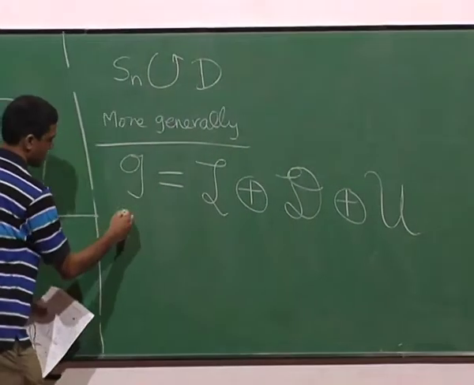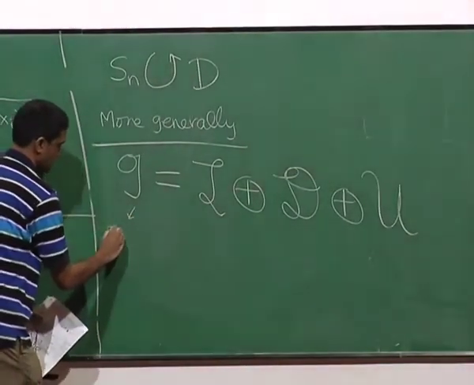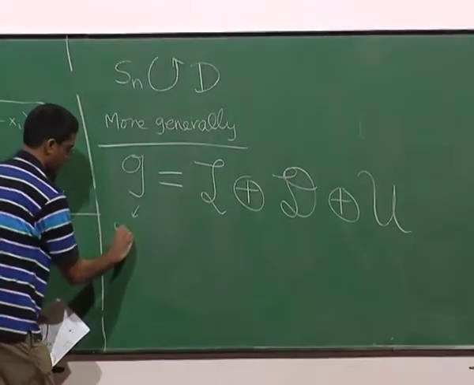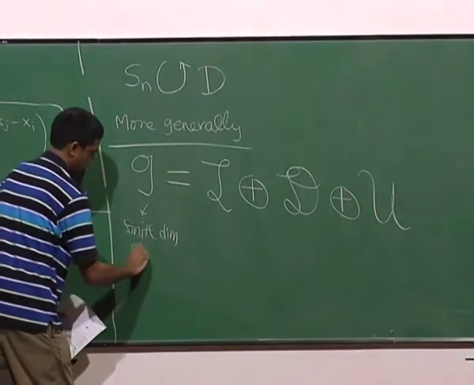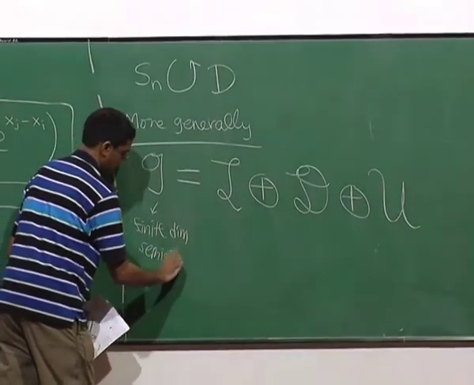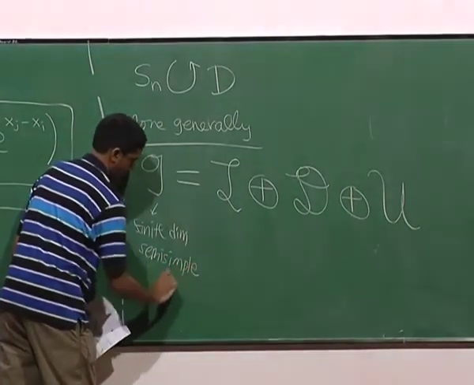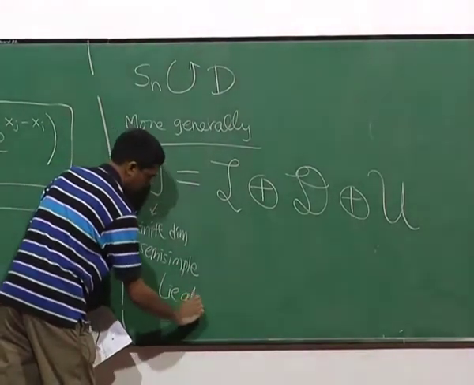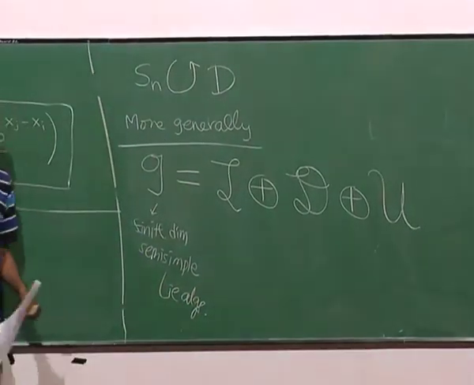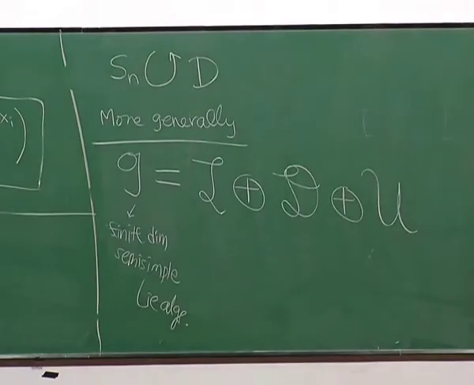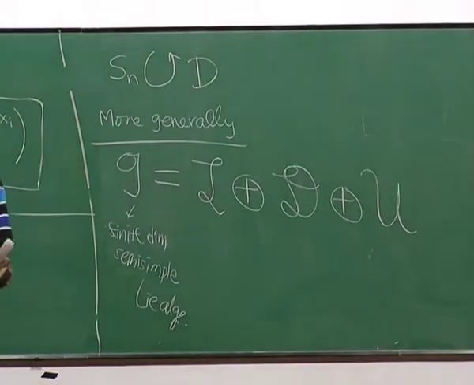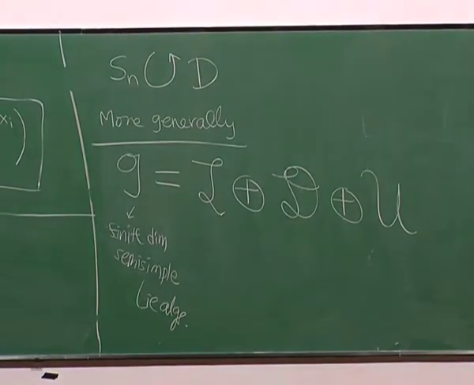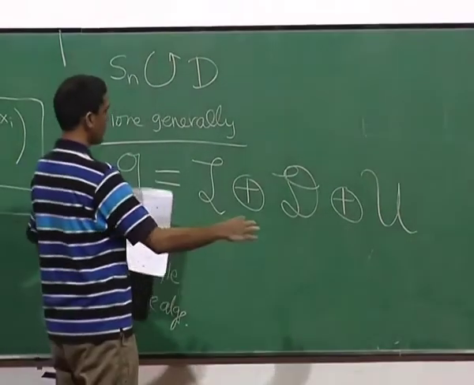It's a special class of Lie algebras which are called the finite dimensional semi-simple Lie algebras, and SLN is one such example. Whenever you have such a fellow, it always has a decomposition like this into the lower triangular, upper triangular and diagonal portion. And then there are two ingredients.